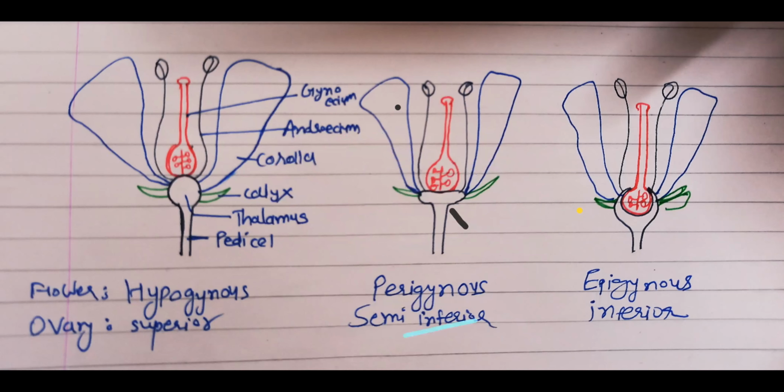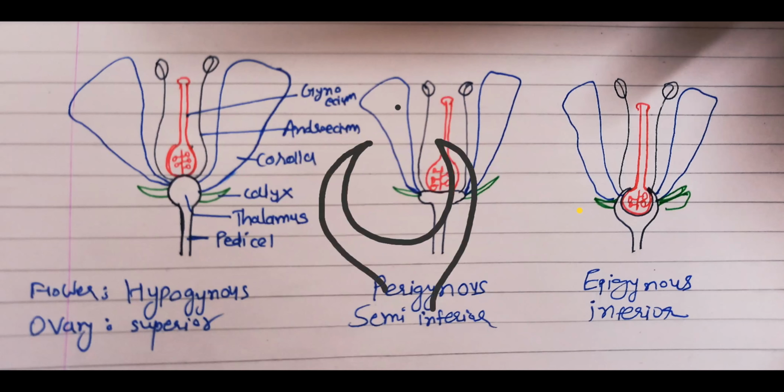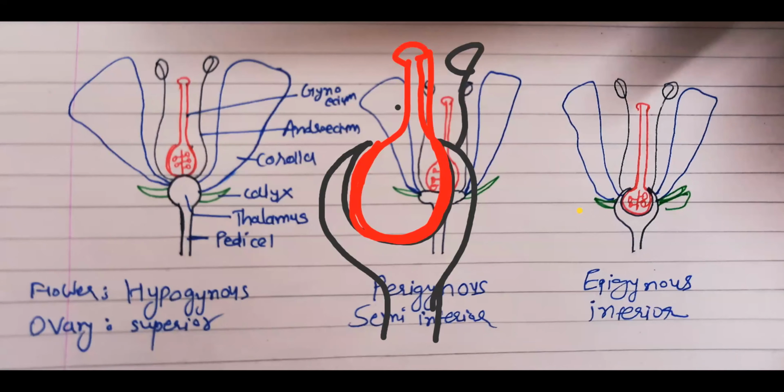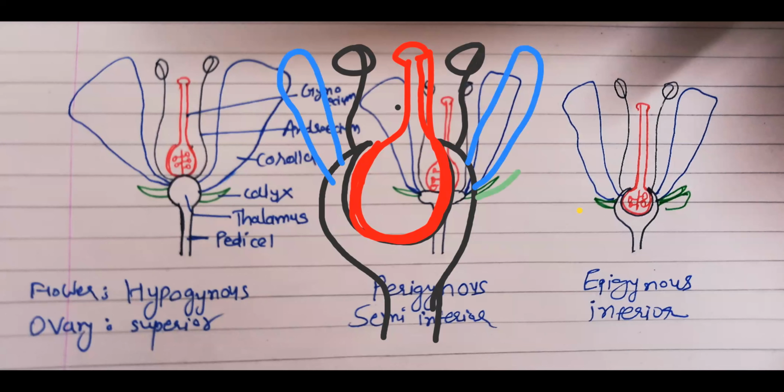Next, third type of flower. In that, the shape of the thalamus is cup shape. Here the ovary is located in the cup shape. Then next, in this part the stamens, then the petals, then the calyx.